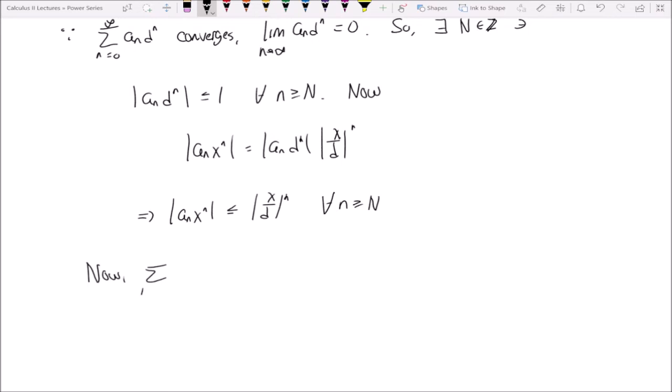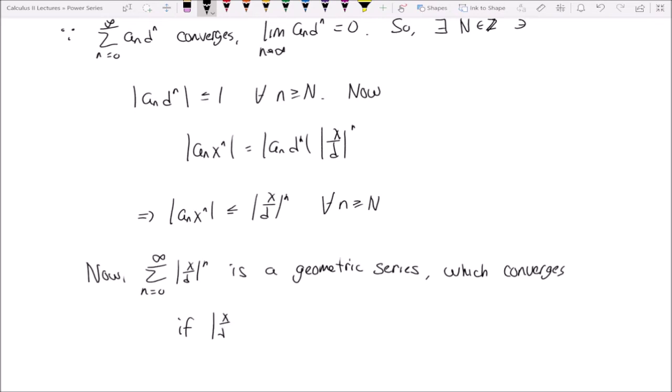Now, if we take a look at this series, it's geometric. Which is going to converge if the absolute value of x over d is less than 1.